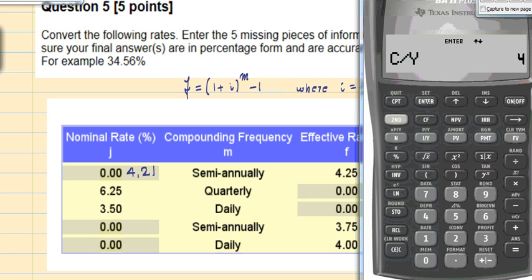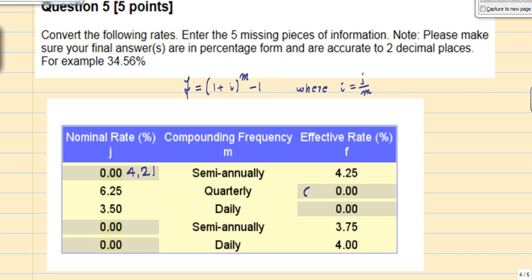So put 4, enter, and then scroll down until you see effective and press compute. It's 6.40. So the answer for this one is 6.40. And you do the same thing for the next three ones.